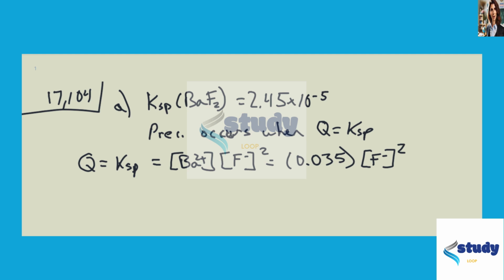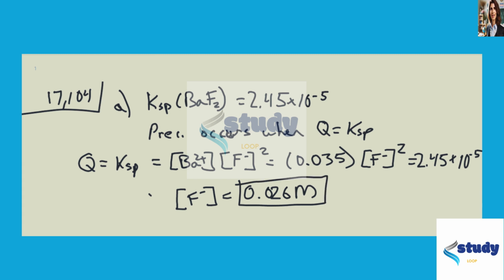So we divide KSP, which is equal to 2.45 times 10 to the minus 5, by 0.035 and take the square root, and that gives us the concentration of F minus necessary to start precipitation, which is 0.026 molar, so a fairly high concentration.